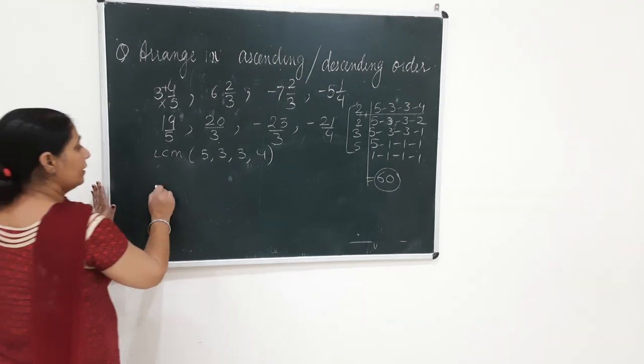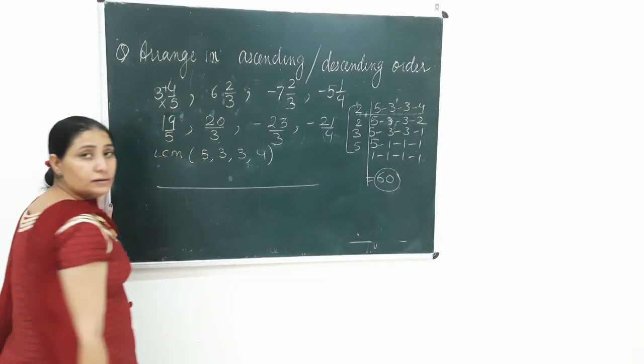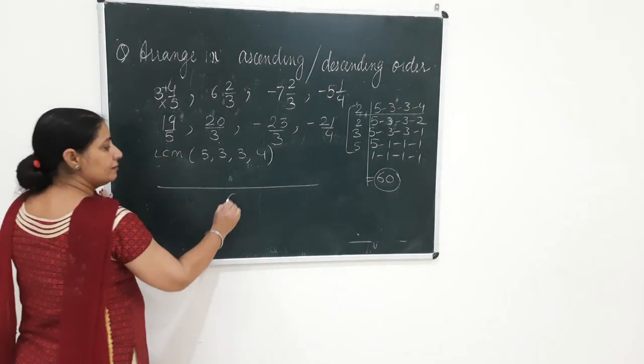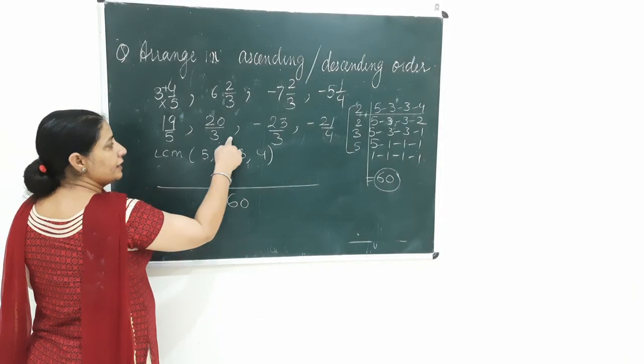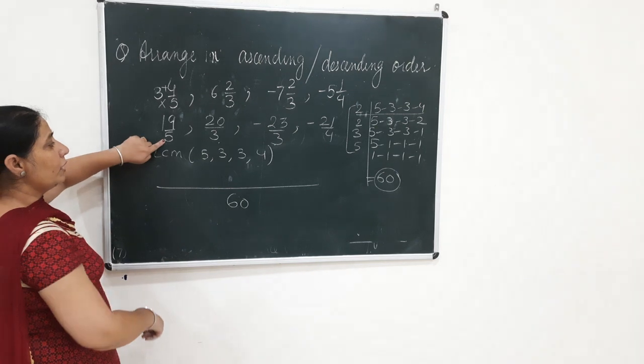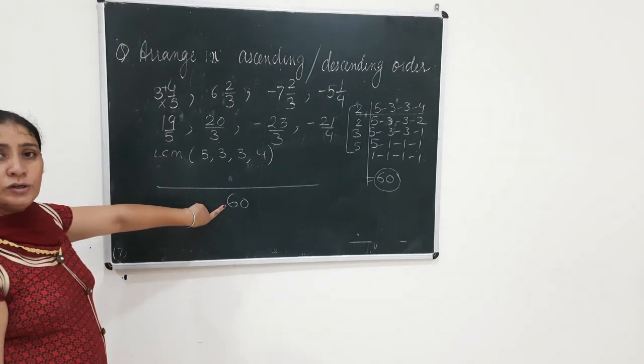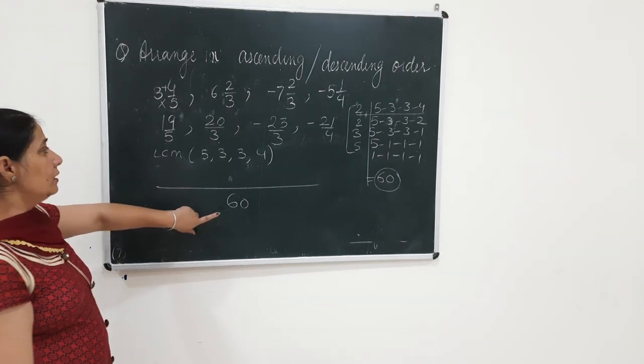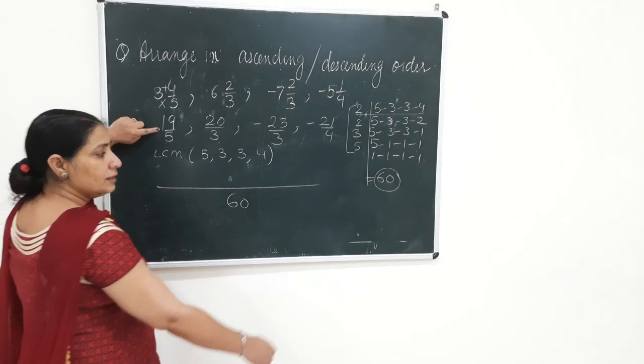Now what I will do, I will make a line and under this line I will put 60, which is the common LCM of all these fractions. Now when do you get 60 on the table of 5? 12 5s are 60. That 12 will be multiplied with 19.